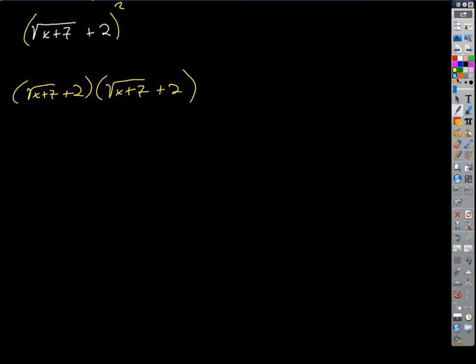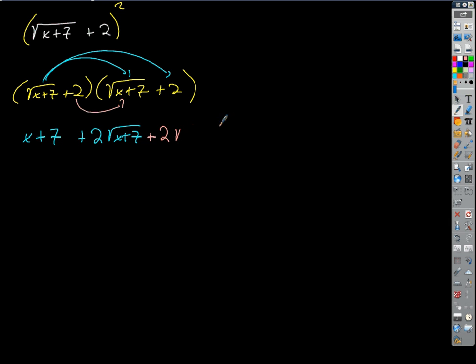If we distribute the x plus 7, I'm going to get the square root of x plus 7 times itself, which is x plus 7, plus the square root of x plus 7 times 2, 2 square roots of x plus 7, right? I get 2 of those radicals. So I get plus 2 times the square root of x plus 7. If I distribute the 2, I get 2 more of them, right? And then finally 2 times 2 is 4.